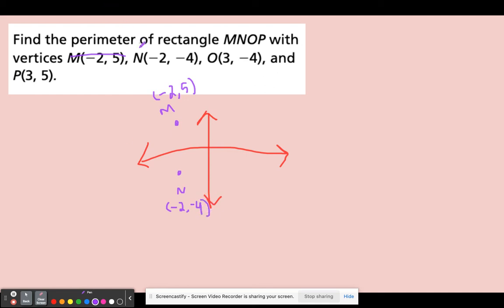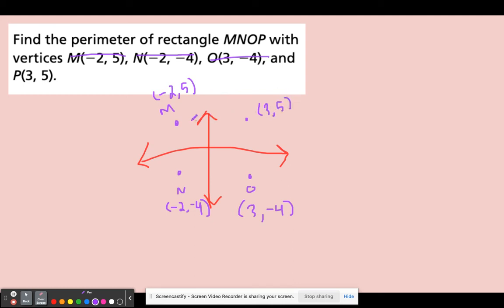Got it. O is going to be +3, down 4, because it's a rectangle, so the sides are going to line up. They're going to be straight. 3, -4. And I need one more point. It's going to have to be right here to complete that shape. And that point is over 3, up 5.